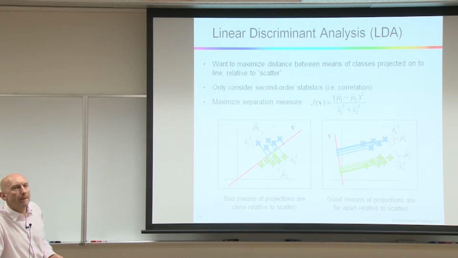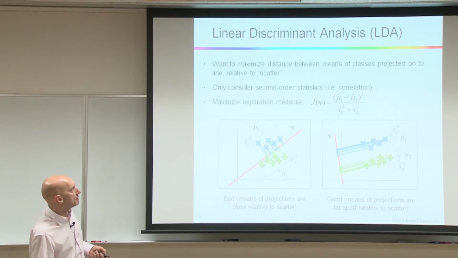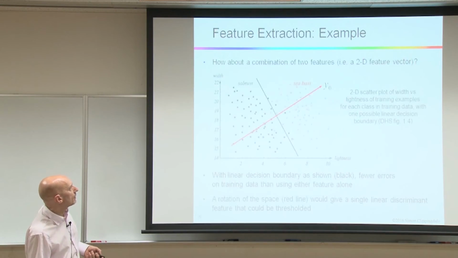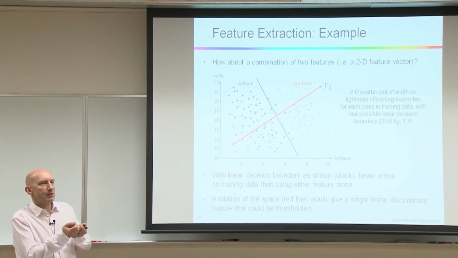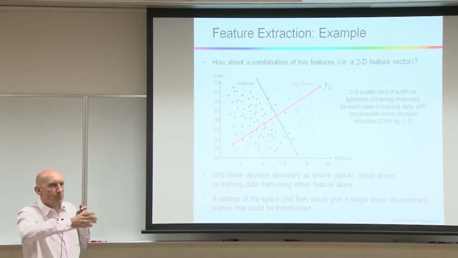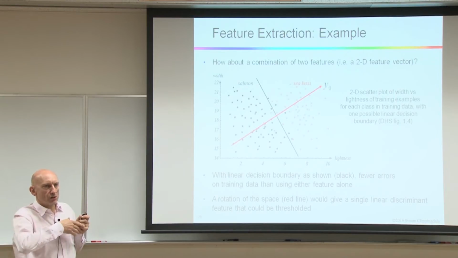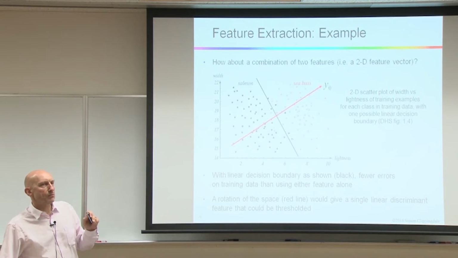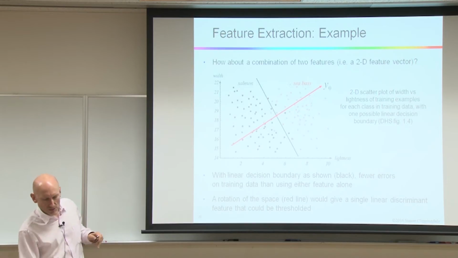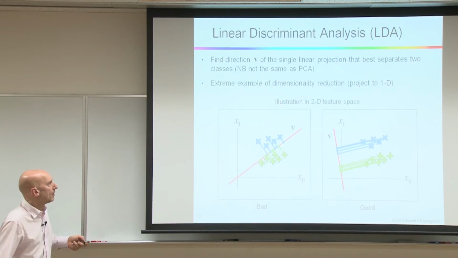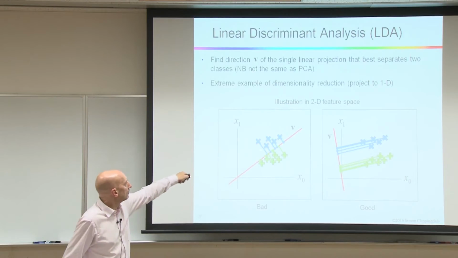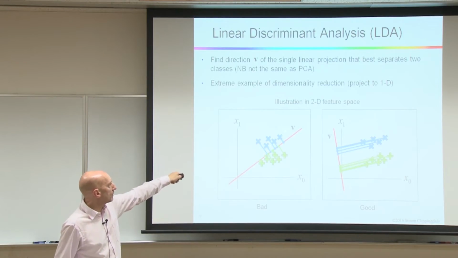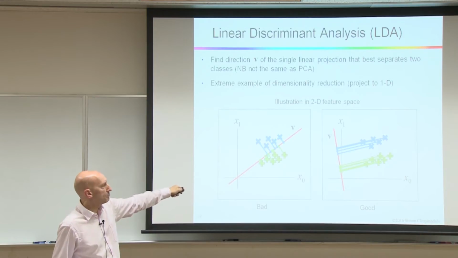How is this different than PCA? Because in PCA, your principal components express the maximum direction of the amount of variation in your training data, without regard to what class it is. Whereas in the case of LDA, for example, in this case, it looks like the biggest principal component of this data would probably be in this direction.